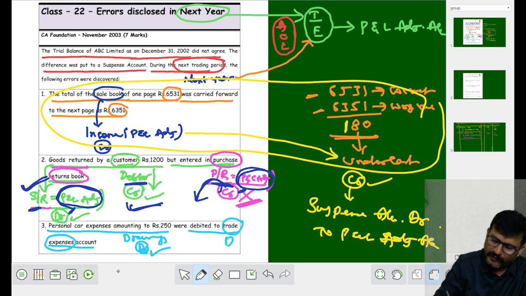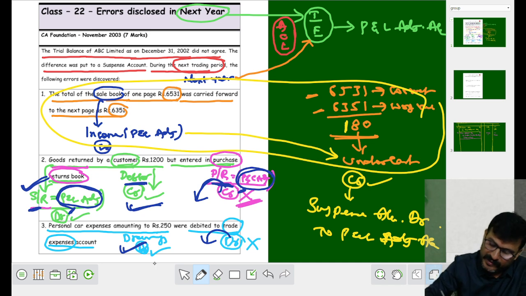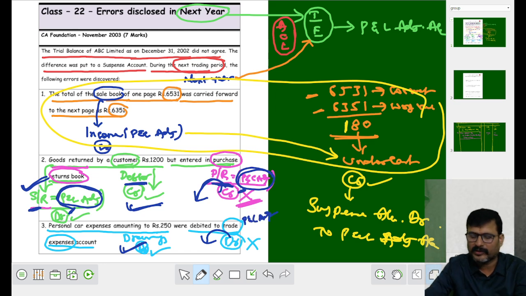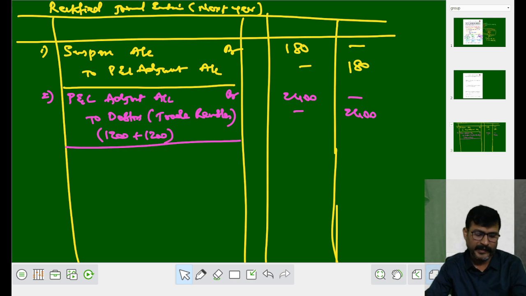So it is what? Wrong debit. Then what to do? Keep the correct in the same place, shift the wrong in the opposite place. Then what is your entry? Drawings account debit to trade expenses. Can we write trade expenses? No. Trade expenses is to be replaced with what? It is to be replaced with P&L adjustment account. Then now your entry will be what? Drawings account debit to P&L adjustment account.